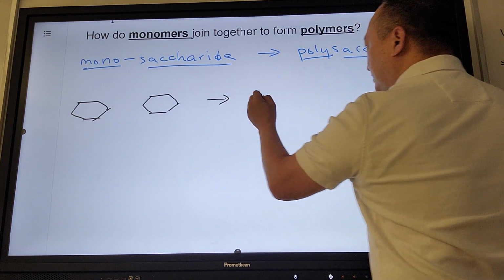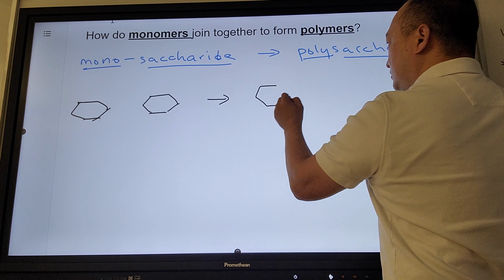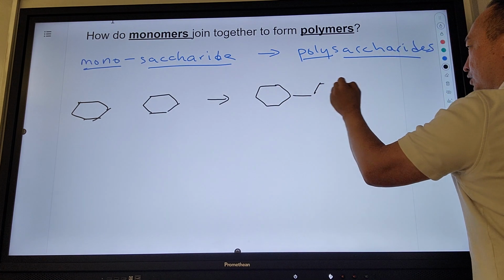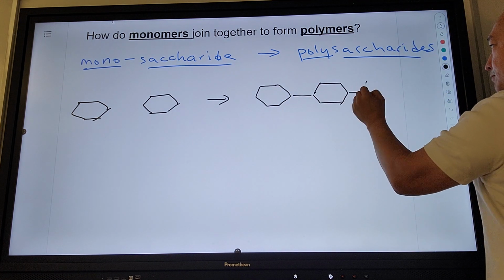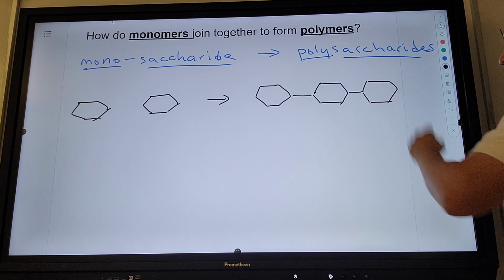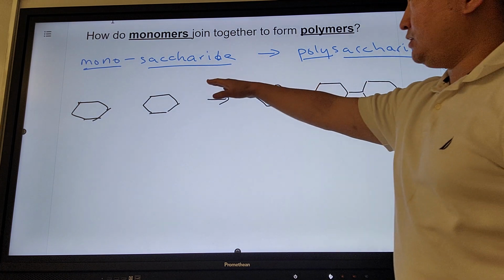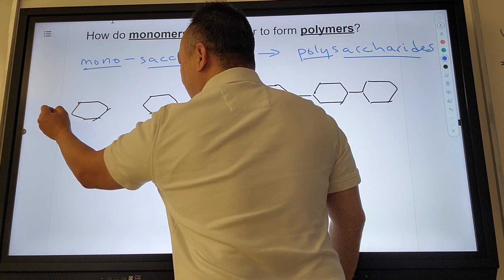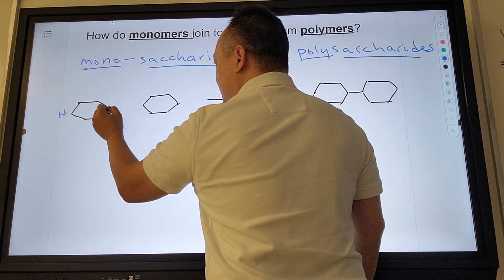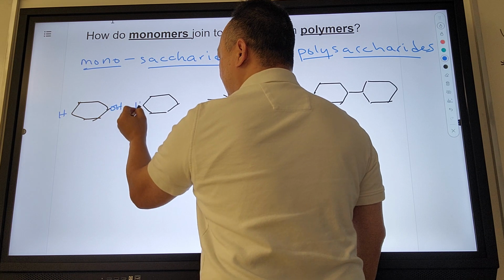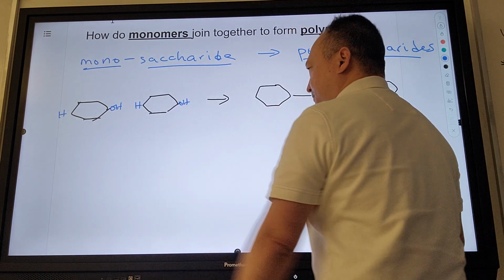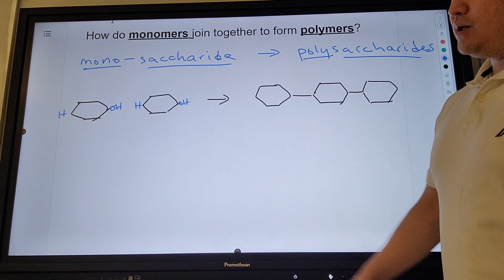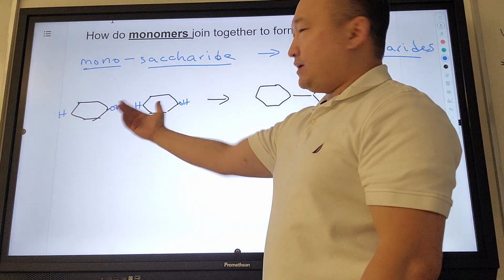And the question is, how do they link up to form this larger complex polysaccharide, this polymer, monomer, polymer? Well, on each of these monomers, there's an H and there's an OH. There's a hydrogen and there's a hydroxide. And because of those, they're not able to form a bond.